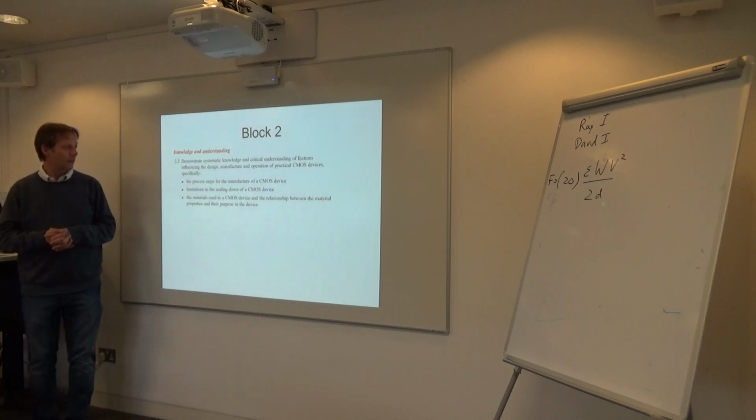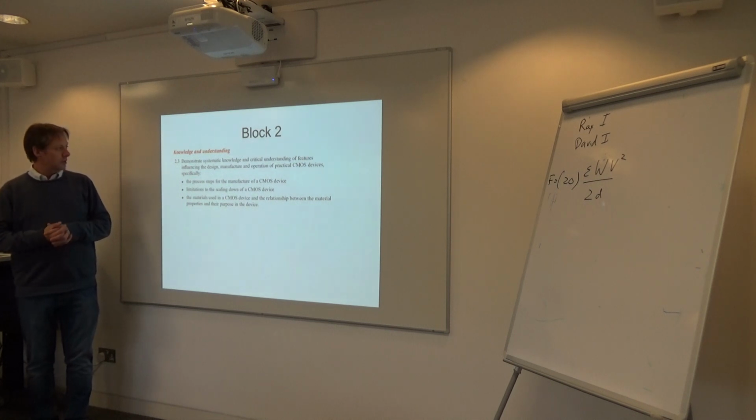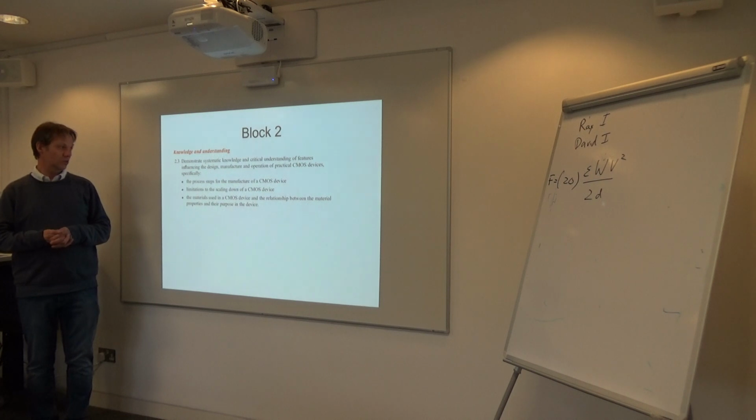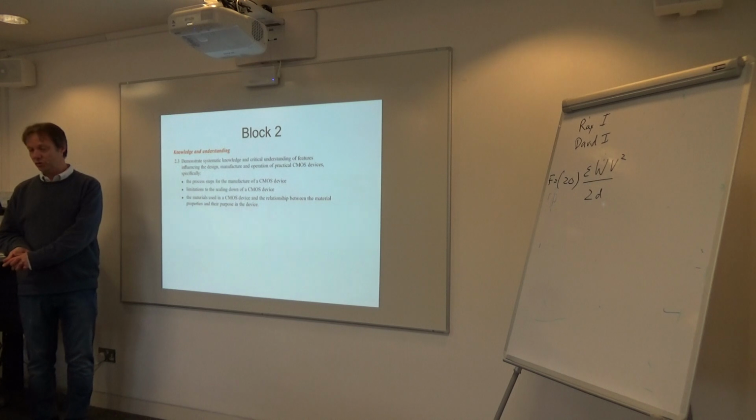Something I haven't seen in the TMA questions yet, but will probably feature, is understanding the manufacturing process for practical CMOS devices. This is all in the techniques book in block 2.